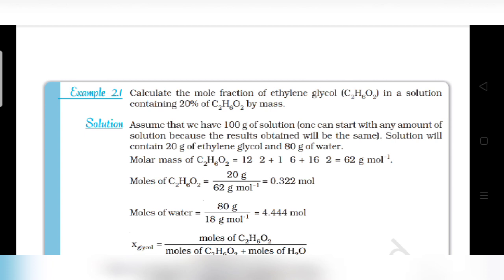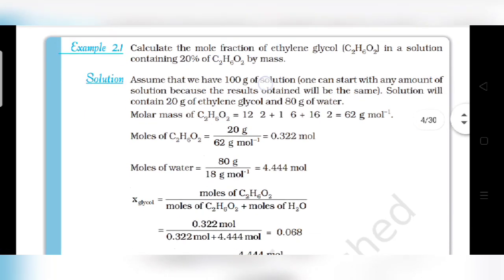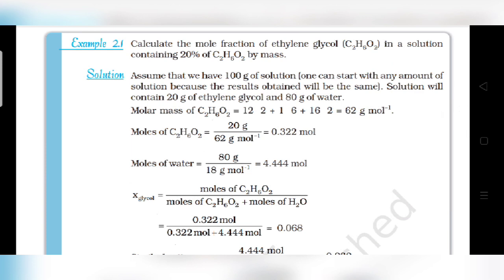So you will get 0.322 mole. Clear? Then take the moles of water. Again apply the formula, given mass upon molar mass. Given mass of water is 80 gram and molar mass of water is 18 gram per mole, and you will get 4.44 moles.